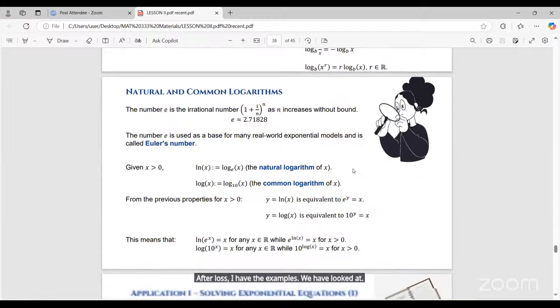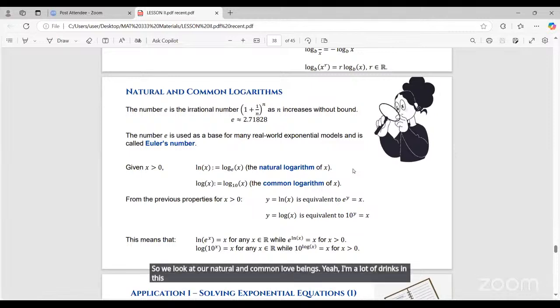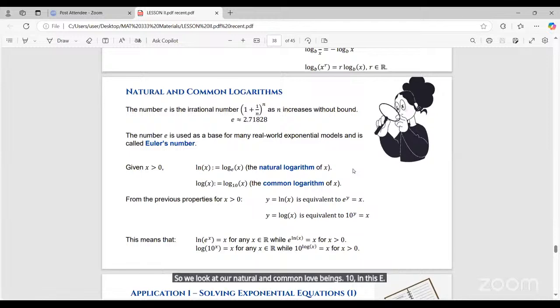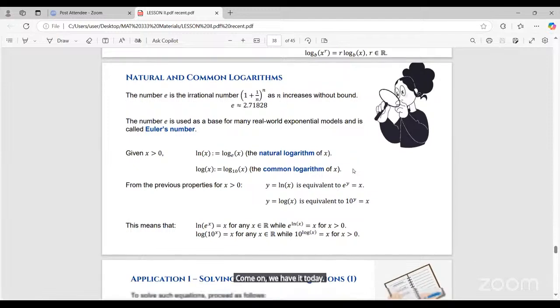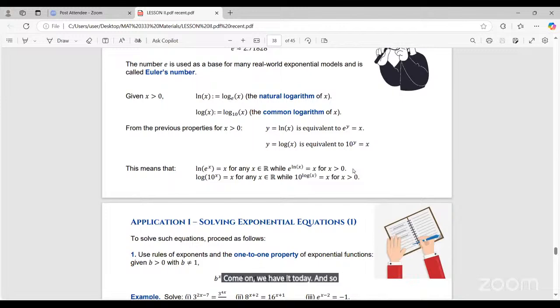So we look at our natural and common logarithms. We have logarithms in base 10 and base e. Our logarithm in base 10 is the common logarithm, and we also have it in base 2 and so on.